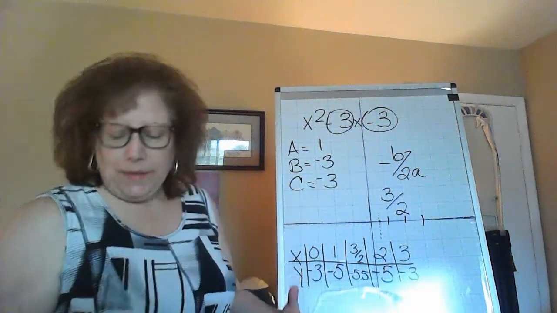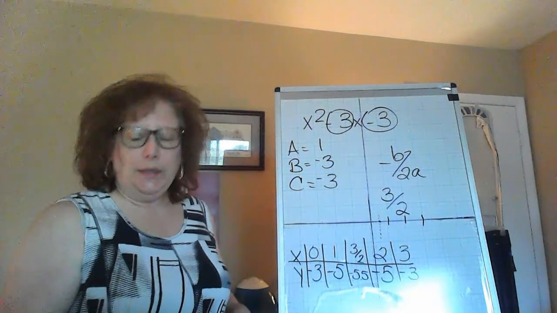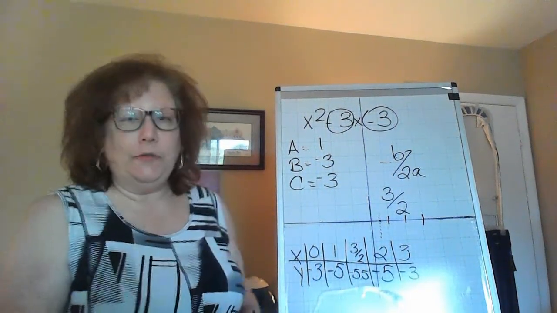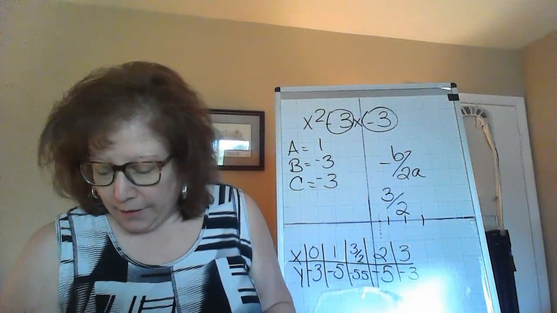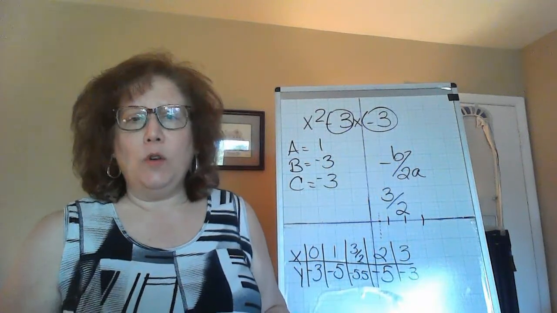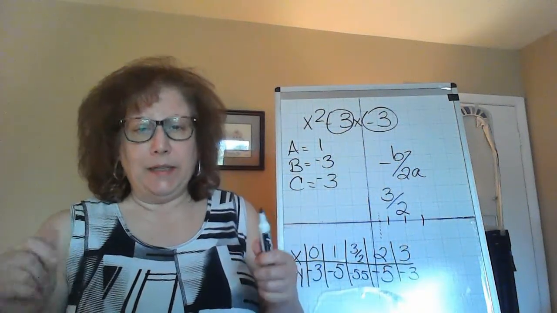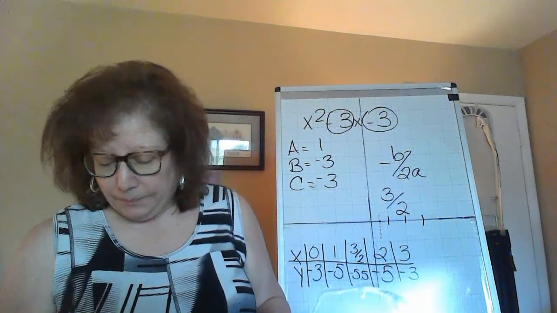But we get the parabola, and you can look in your book to see what the graph for this is going to look like. And you can tell where it's crossing the x-axis, because remember, one of our goals is to find where we cross the x-axis.